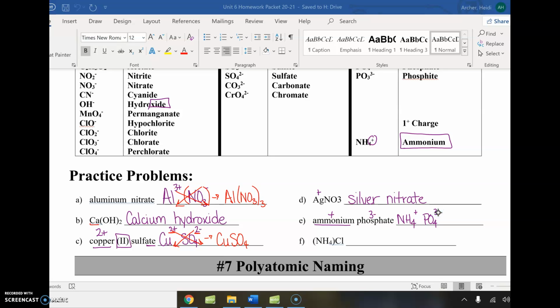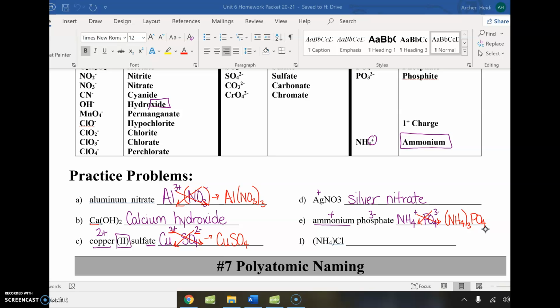So when I crisscross that, I'm going to need 3 total groupings of ammonium, and I'm going to need 1 total grouping of phosphate. So NH4 is going to go in parentheses because I need 3 of them. Phosphate does not need parentheses because I only need 1 of them.